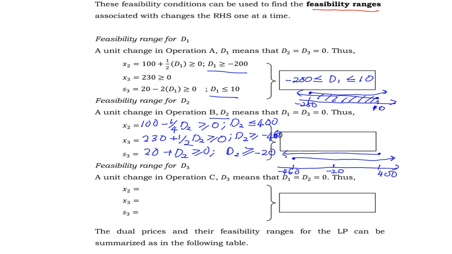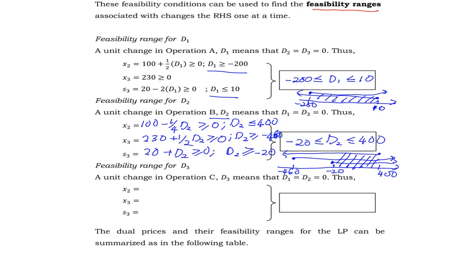Third, greater or equal to negative 20. So the range that satisfies all the conditions is in between these 2 points. So negative 20 less than or equal to D2 less than or equal to 400.